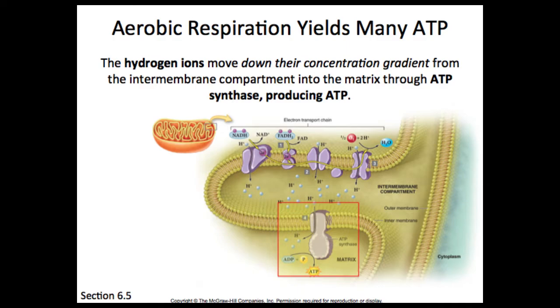Hydrogen ions move down their concentration gradient from the intermembrane compartment into the matrix through a special little machine called the ATP synthase, thus producing ATP. Please note that this is just like the light reactions. The same process occurred on the electron transport chain that happened in the first stage of photosynthesis.